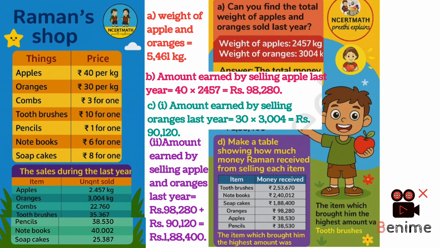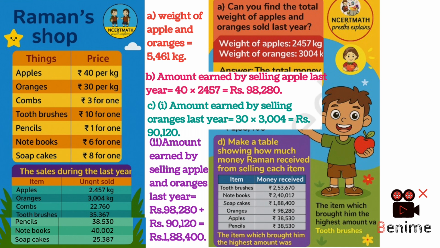The next question they have asked is the money received by Raman last year by selling each and every item. They have given two tables. The first table contains the items and the price of each item, and the second table contains the items, along with how much quantity they have sold last year. We have to perform the multiplication of each item with its respective price.